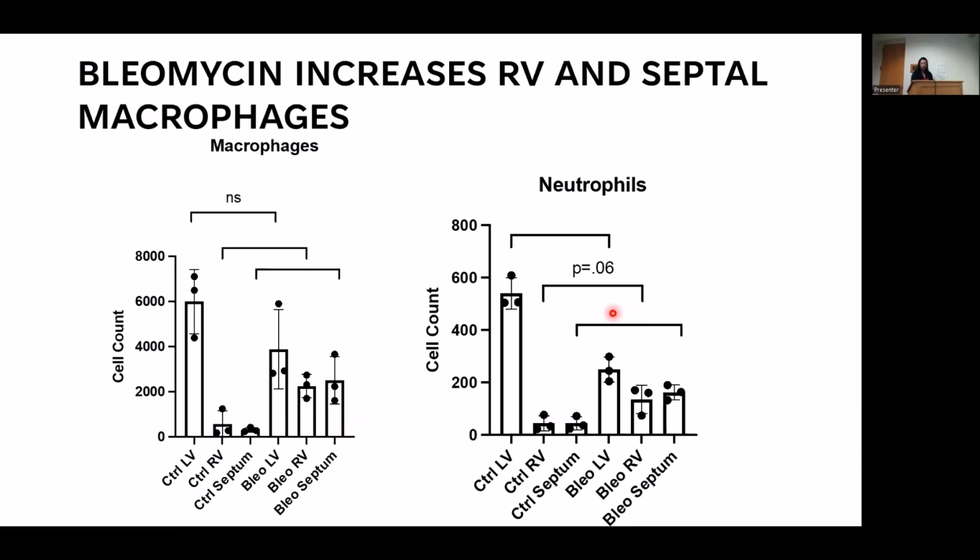In comparison, neutrophils also decrease in the LV between control and bleo, and then there's a mild increase in neutrophils in the RV and the septum. So there is some inflammation there, but again, these are non-significant changes in the neutrophils.